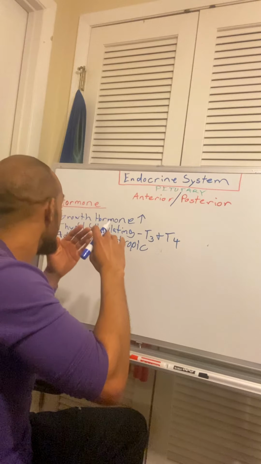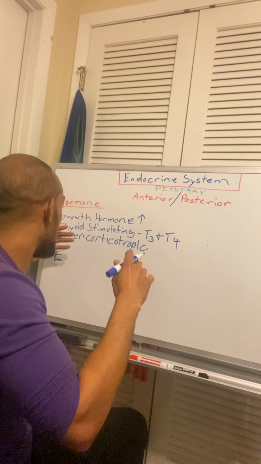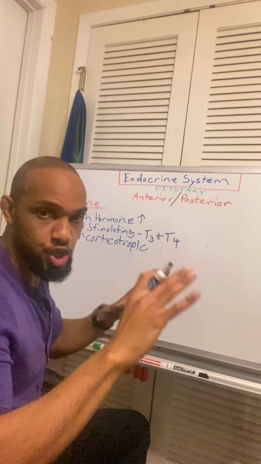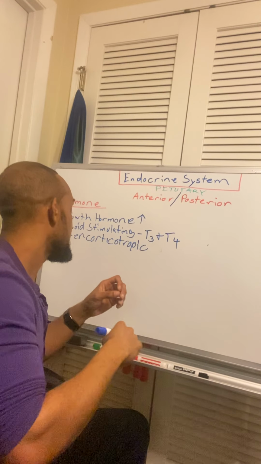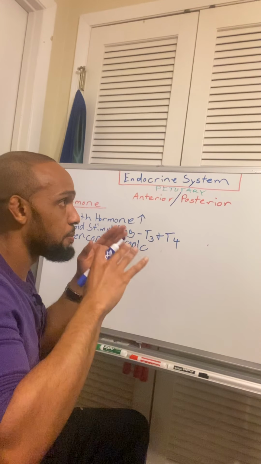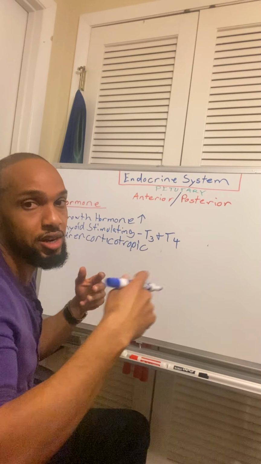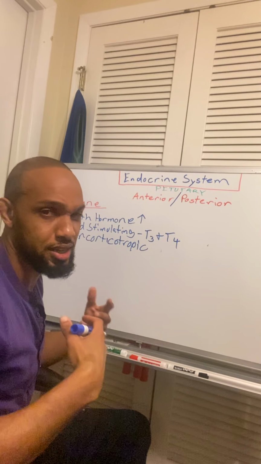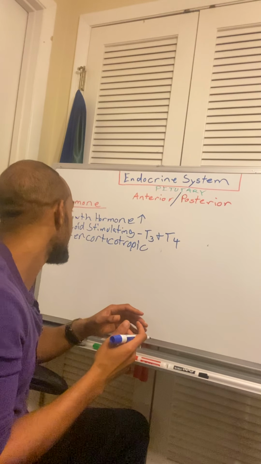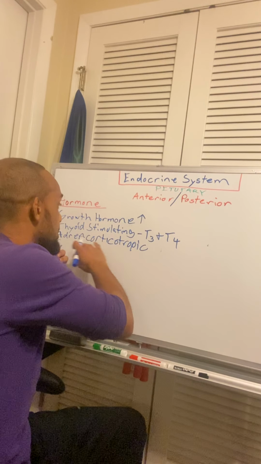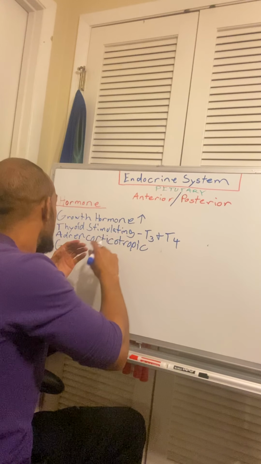It is responsible in response to stress or things that stress us out. And it is stimulated by, or at least it's produced whenever an injury occurs to us, or if we have a burn or something like that. So that's basically what this does.